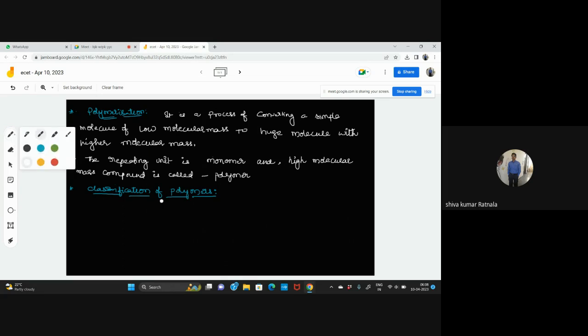So in classification of polymers, what we can say? First one is based on the monomer unit. So this is first one we are having based on the monomer unit.